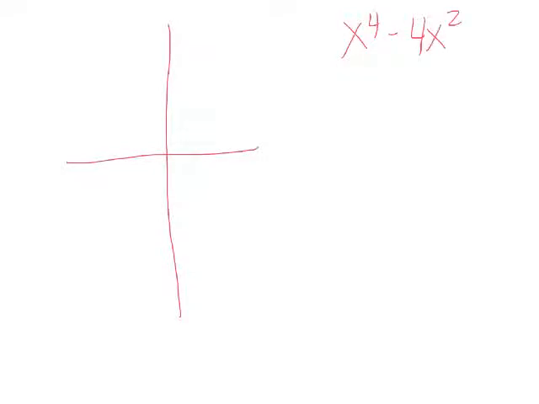And of course all of this folds into learning how to effectively sketch a graph. I had the function x to the 4th minus 4x squared, was it? I think it was 4x squared, 8x, nope, it's 4x to the 3rd.